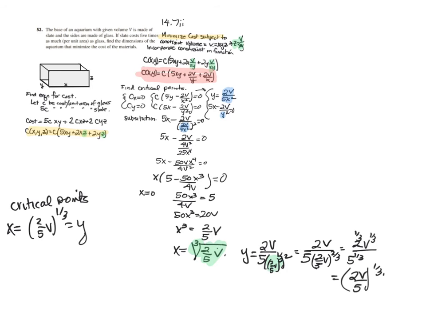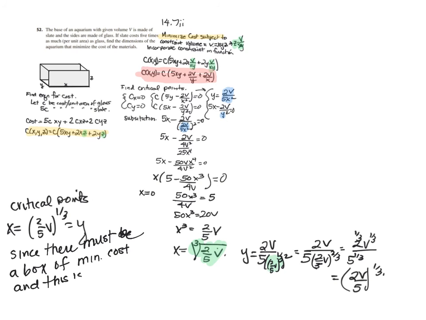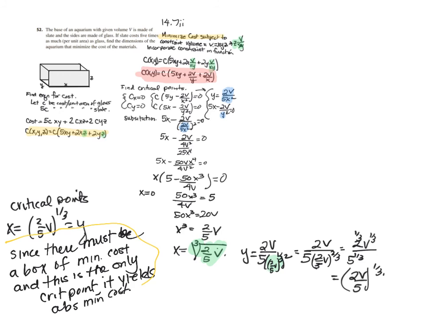So I would expect something like this here, since there must be a box of, well, it's not minimum surface area, actually we want its minimum cost. So minimum cost, and this is the only possibility, then this critical point yields the minimum cost. Okay, so that's the validation I tell you I'm always looking for.